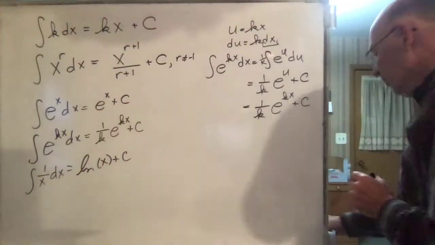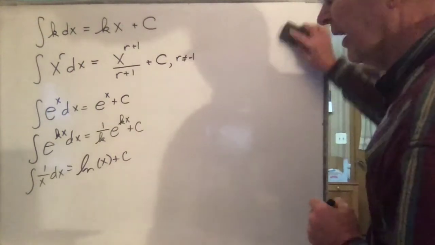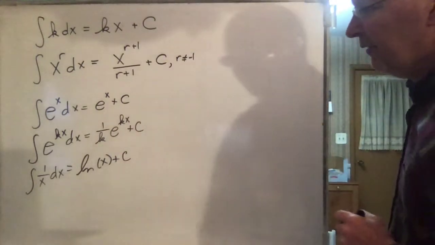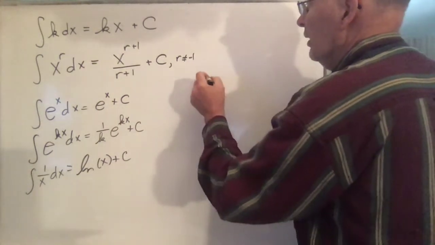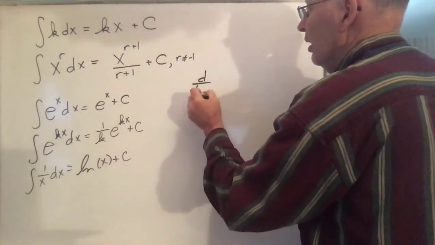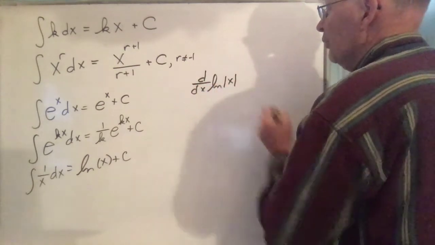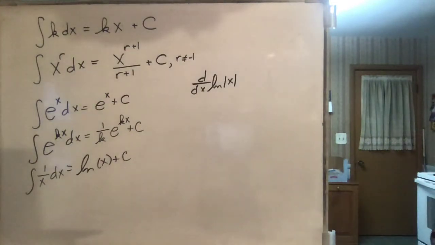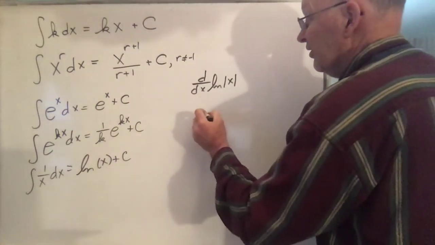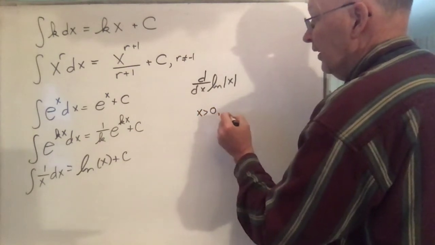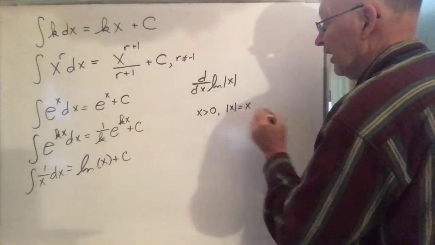And at this point, this might be a good time to mention that we can get a little better answer than that. Instead of that, let's make note of something here. Here's the question I'm going to ask you. What's the derivative of the ln of the absolute value of x? What is that? Well, let's see. If x is positive, then the absolute value of x is equal to x.